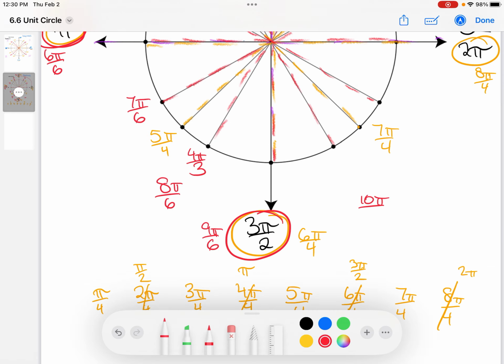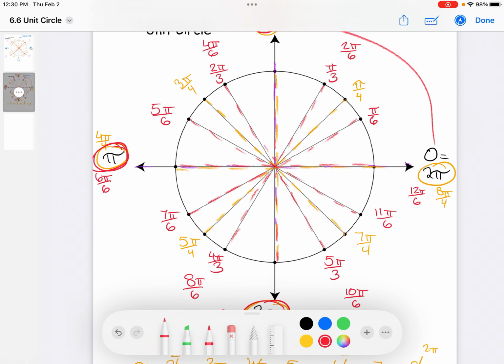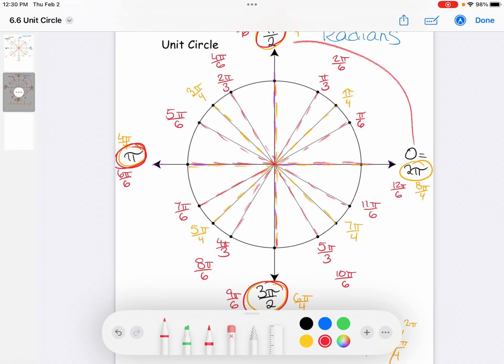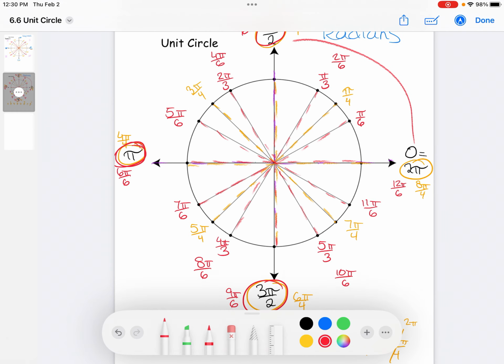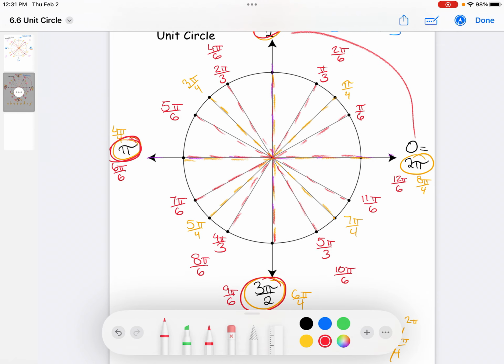Then we have 10 pi over 6, which is 5 pi over 3. Then we have 11 pi over 6. And back at the start, we're at 12 pi over 6. So these numbers in red that are closest to the circle are the radian measures we need for the angles 1/3 of the way through each quadrant.